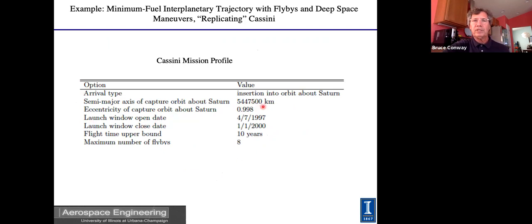We told it the desired capture orbit radius, the desired capture orbit eccentricity, which all corresponded to the actual parameters, a launch window open date in April of 97, a close date in January of 2000, so a little more than 2 years open window, upper bound of flight time of 10 years, and then a maximum of 8 possible flybys. Of course, we knew the answer was that there were only 3, but we didn't use that.